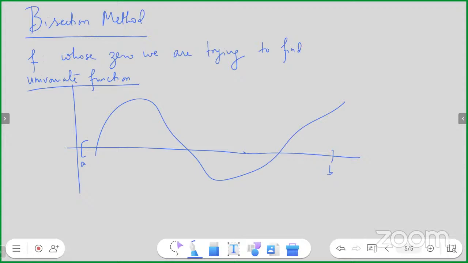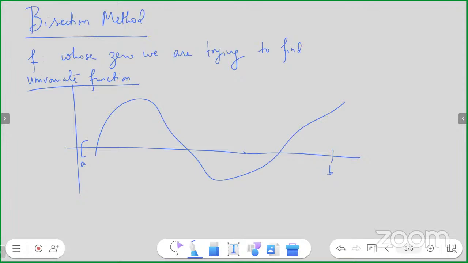It could be both positive, could be both negative. So how do I fix that? You'll have to restrict yourself to having a single root. There is no other way. If there are multiple roots, bisection is not going to give you the answer unless you do something interesting.